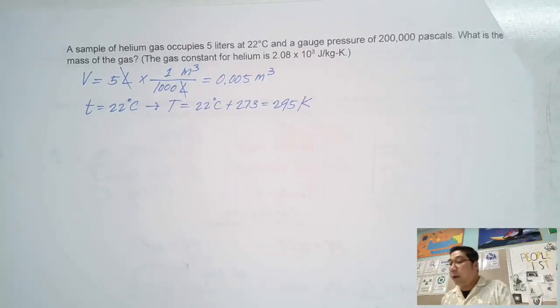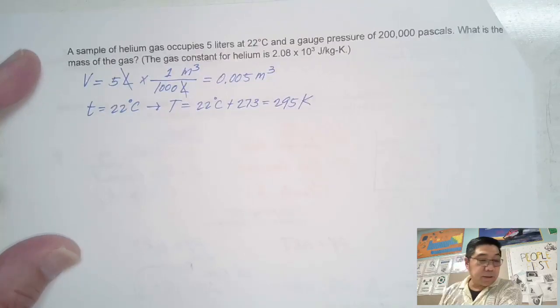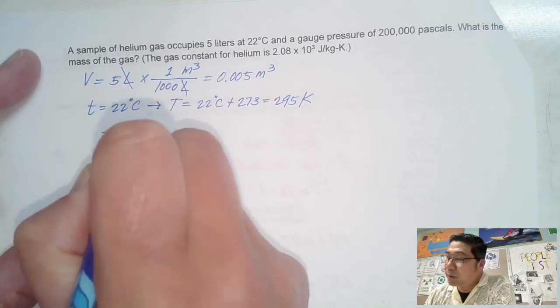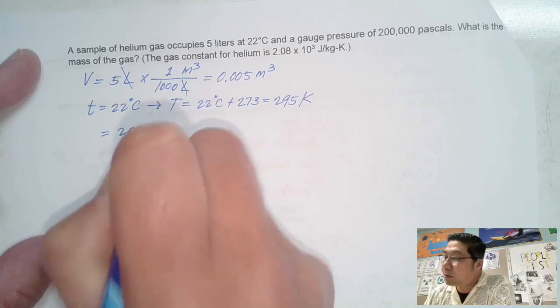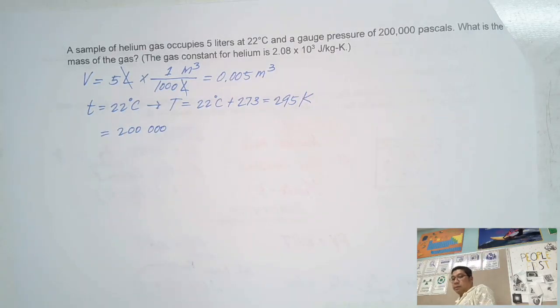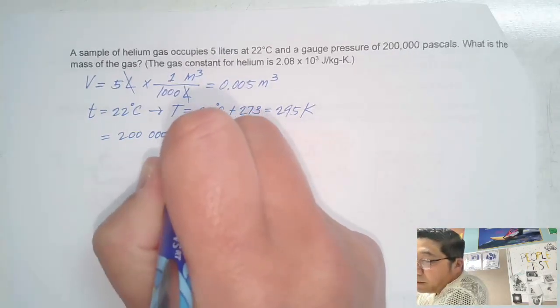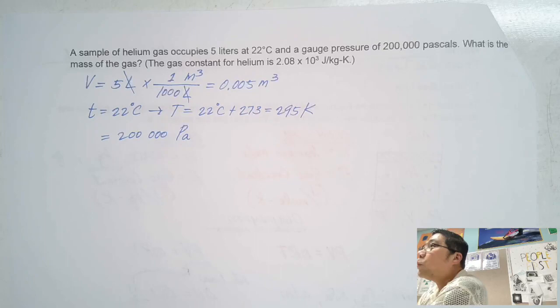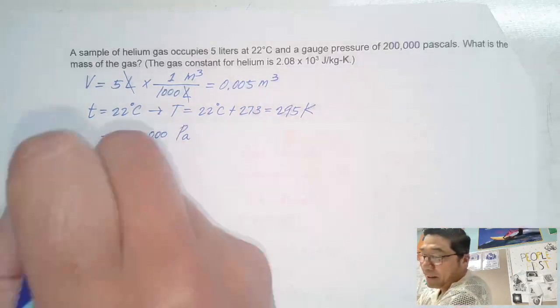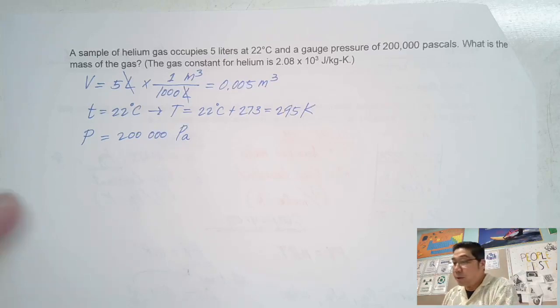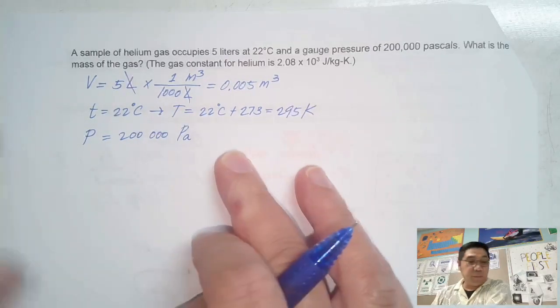Next, how many pascals do we have? That's 200,000 pascals. What does pascals represent? It represents pressure. So we have 200,000 pascals for pressure.